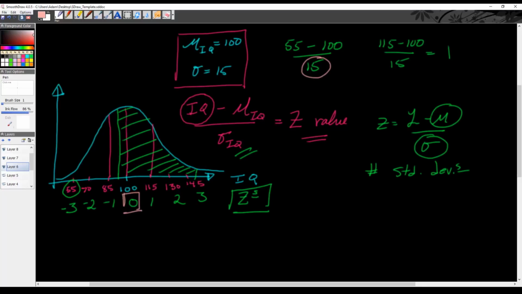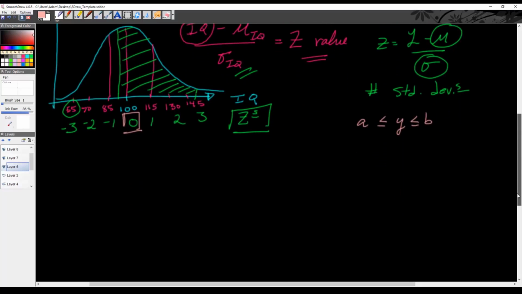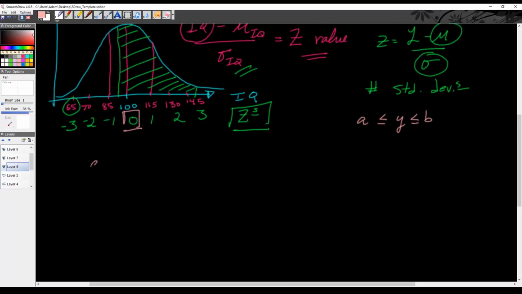So if we subtract mu from the inequality, just bear with me for a moment, let's say that y is less than or equal to b, but greater than or equal to a. Let's subtract mu from this inequality, and let's divide by sigma, doing that to all of the values in the inequality.